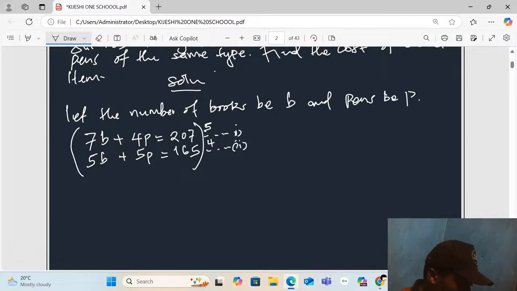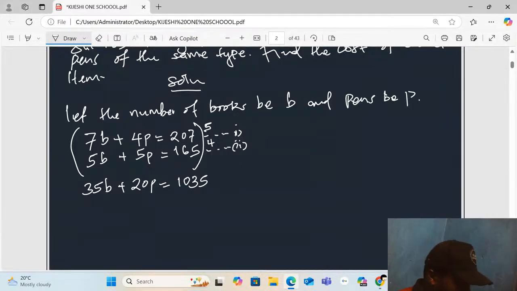So we're going to take 7 times 5. We shall have 35B plus 5 times 4, we shall have 20P, which will be equal to 207 times 5, which is 1035.